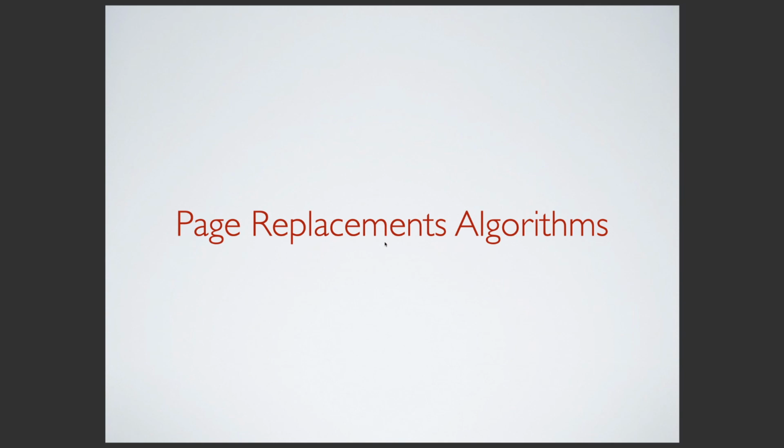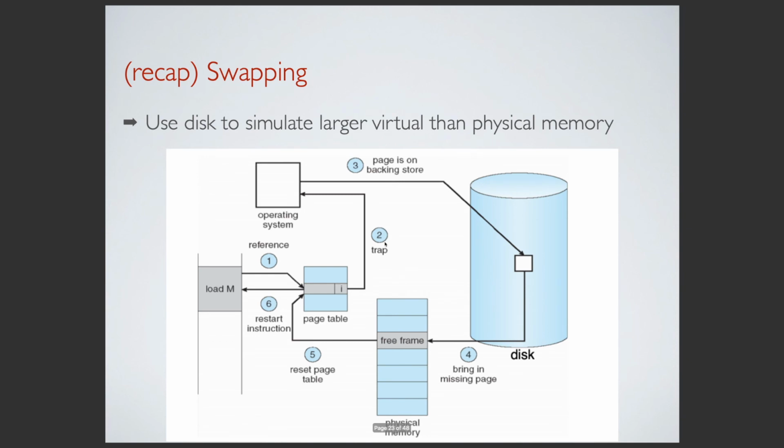Okay, so now let's talk about, we are still, so here we're going to go back to paging. And we're going to go back to this thing here. I showed you that last week. So what's the idea? The idea is as follows. Imagine you can store everything in physical memory.